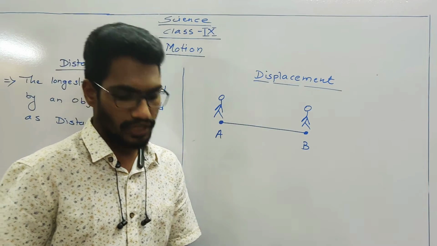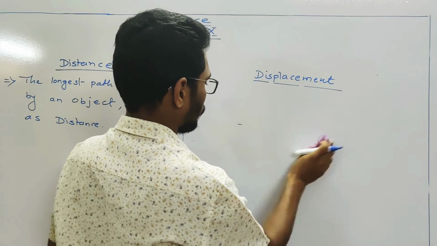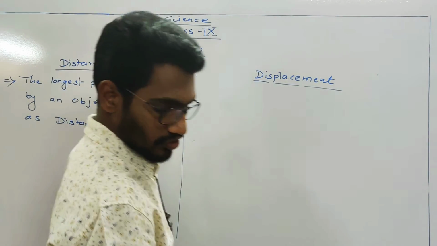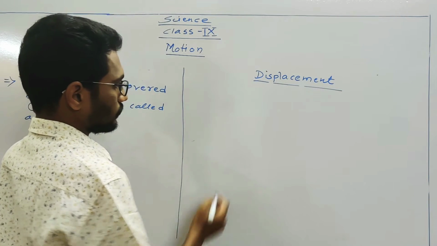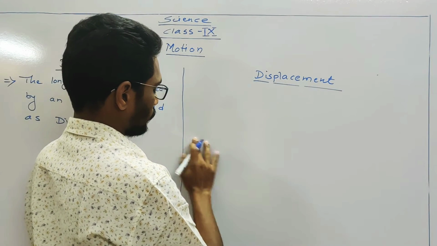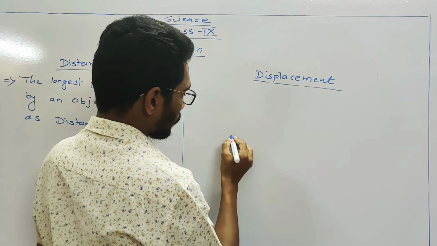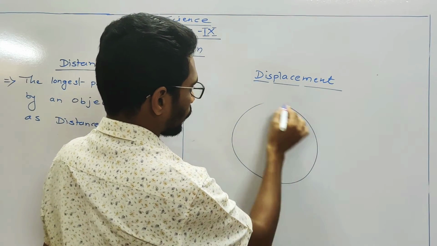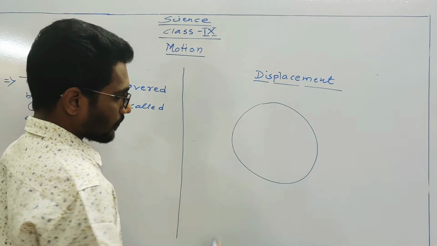What is the meaning of it? Just take an example. Listen. For example, this is the ground, a running track. Okay.